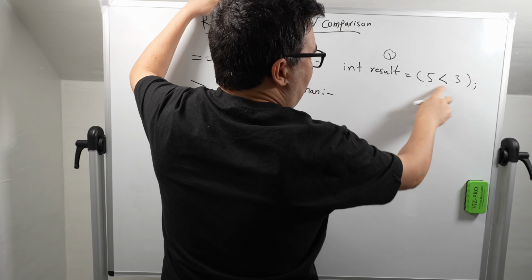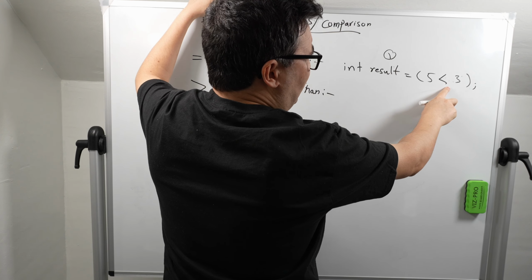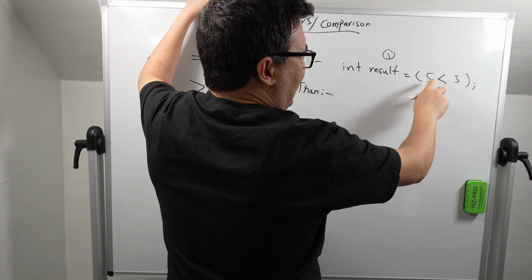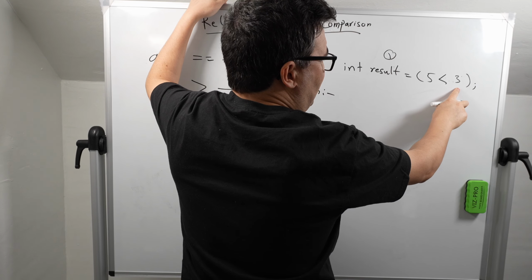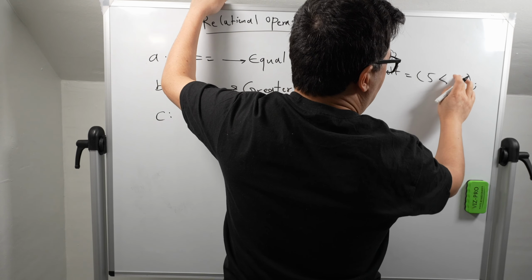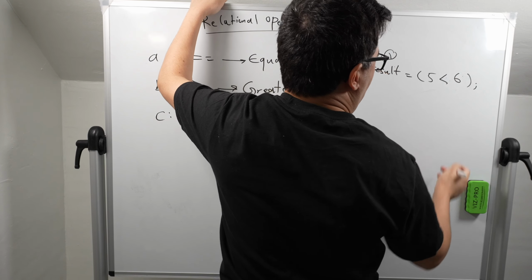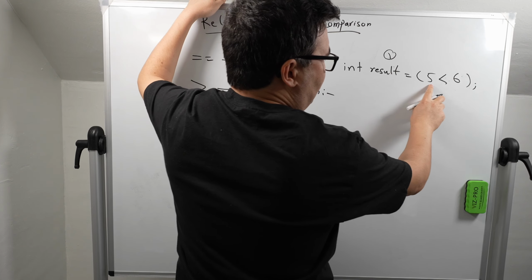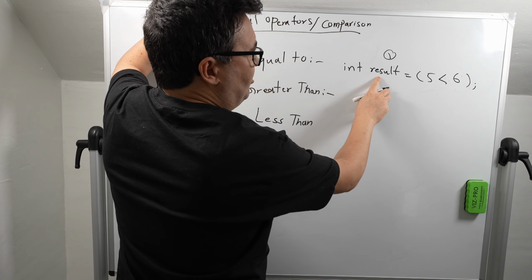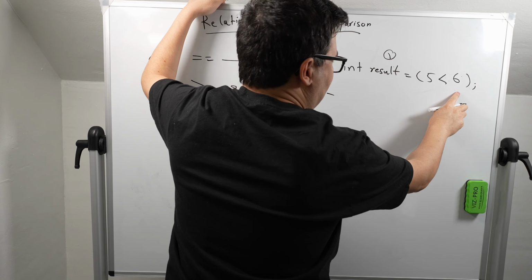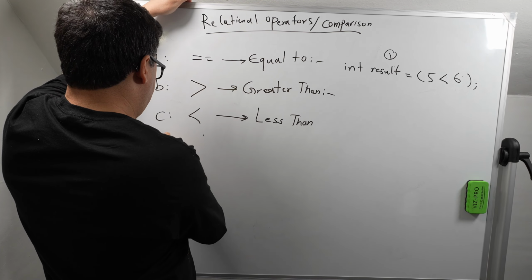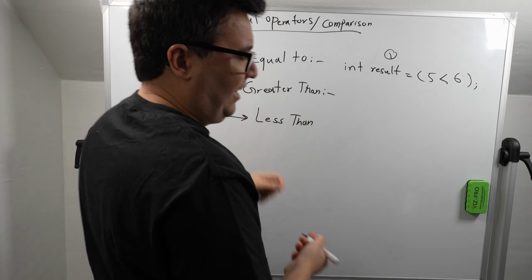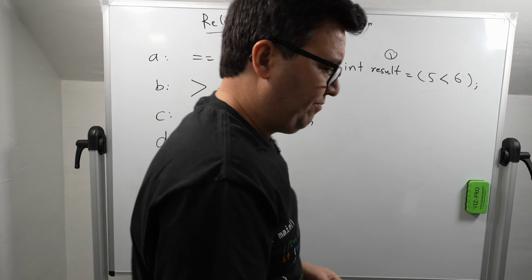If we put the less than operator here, what is the result? The result is false, because 5 is not less than 3. But if we have here 6 or 7 or 10 or 11, now the result is true, because 5 is less than 6.